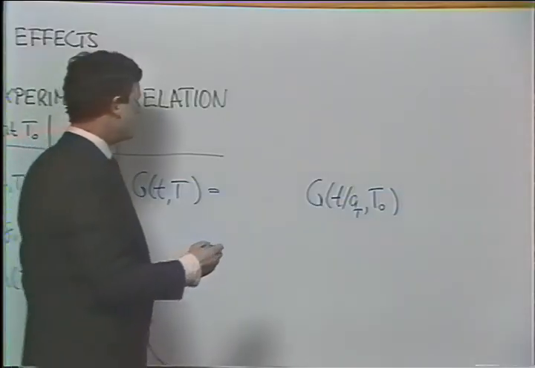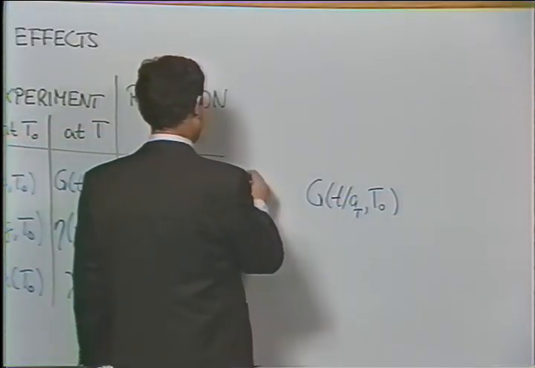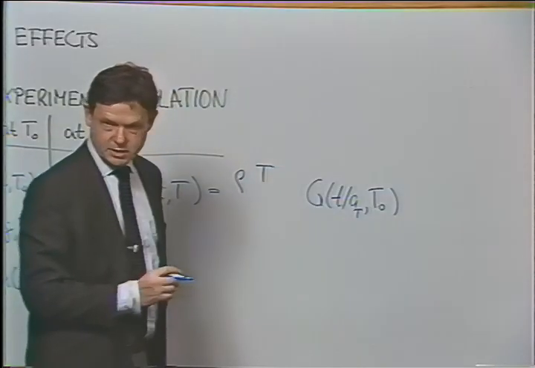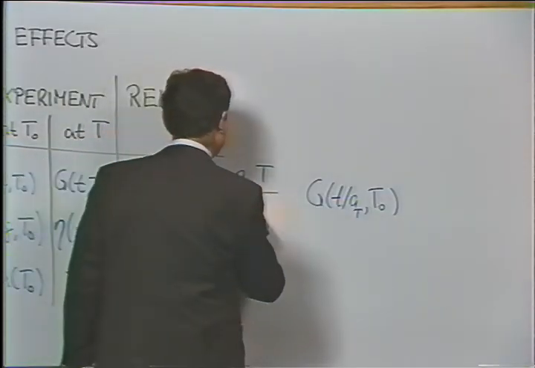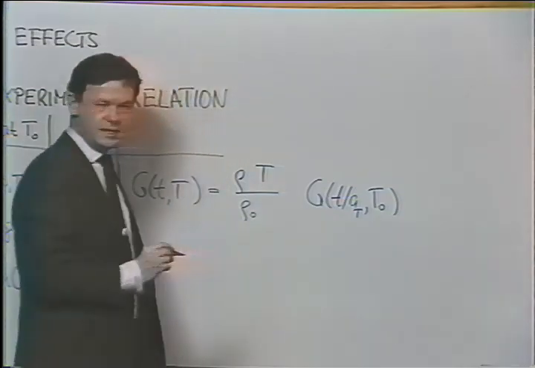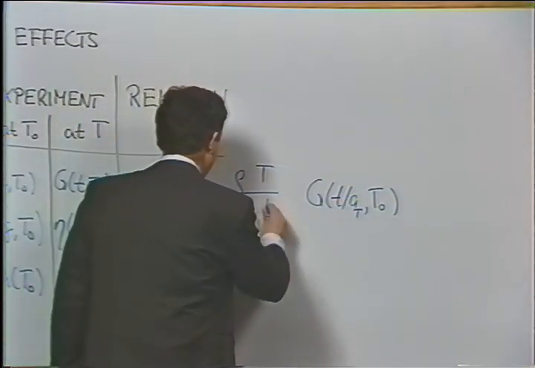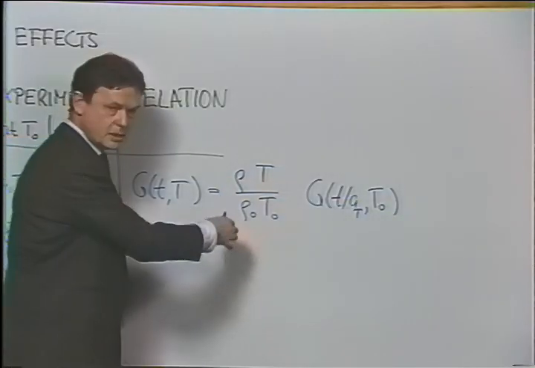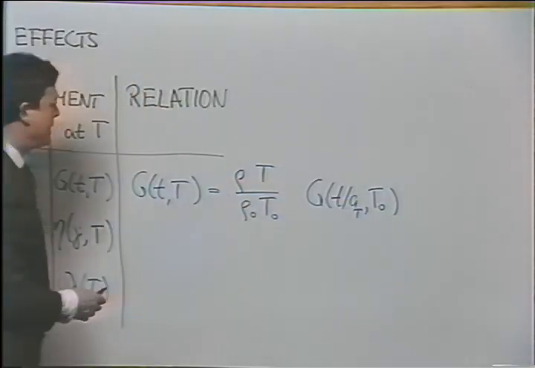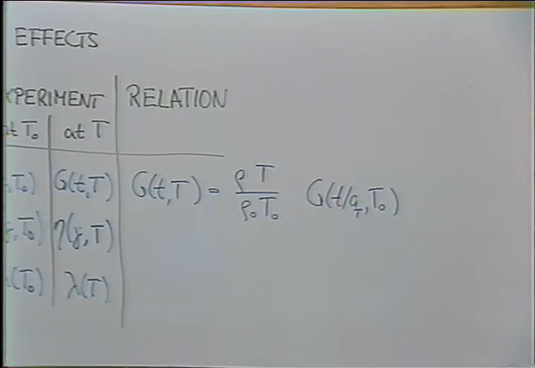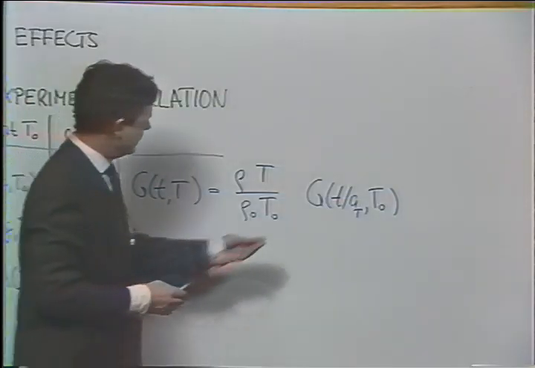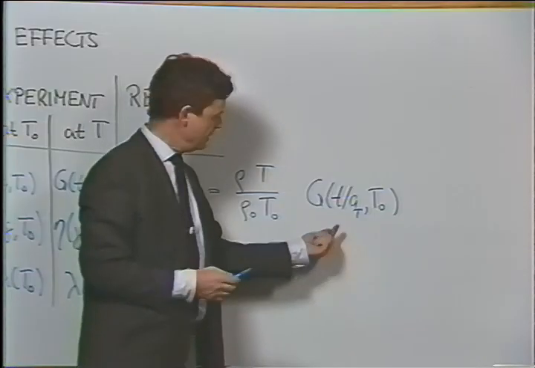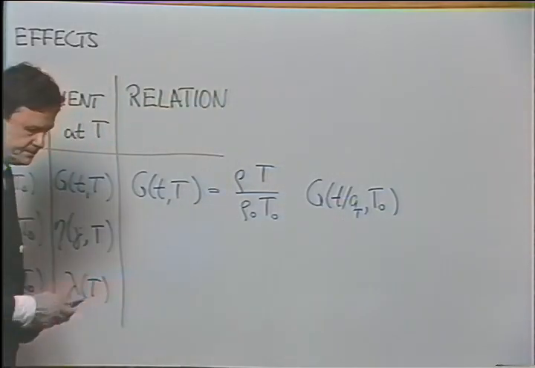And then density effects are also coming in. We have the density at some absolute temperature T multiplied with T, divided by the density at reference temperature T0 multiplied with T0. Now, this factor, sometimes called bT, is about 1. It's about unity. But our time scales of relaxation are certainly changed when going to higher temperatures, and we have to account for that.